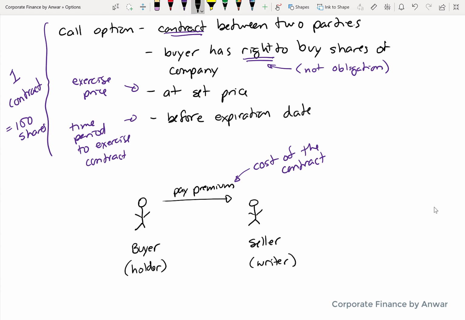Otherwise, the seller is not just going to allow you to have this opportunity to buy shares at a set price. What the seller is giving is the right to buy 100 shares of the company at a certain price and before a certain expiry date. That essentially is a call option contract.